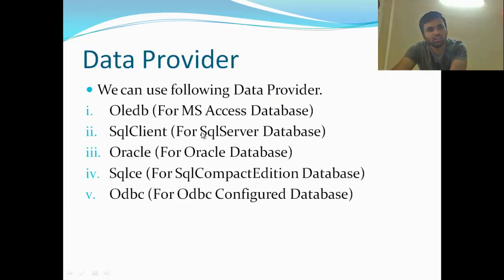For example, if I want a SQL server database, then I have to declare the SQL client namespace. When I use an MS Access database, then I have to use the OLEDB provider. When I use an Oracle database, then I have to use the Oracle namespace. Like SQLC, ODBC. There are 5 types of data provider which ADO.NET provides.